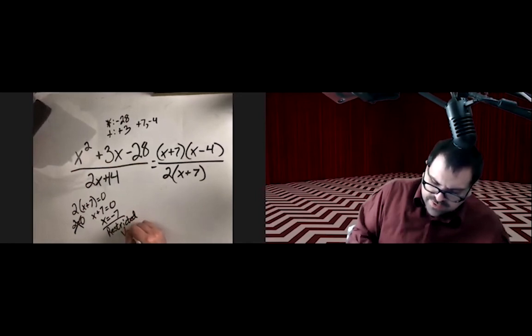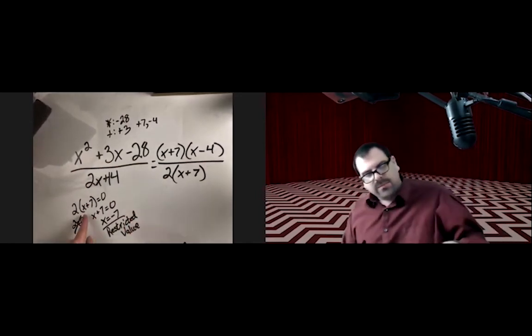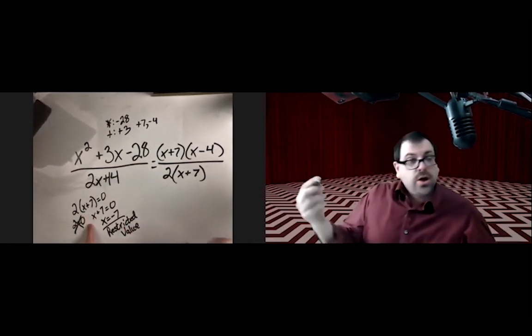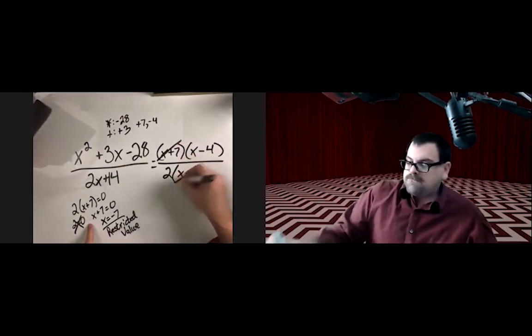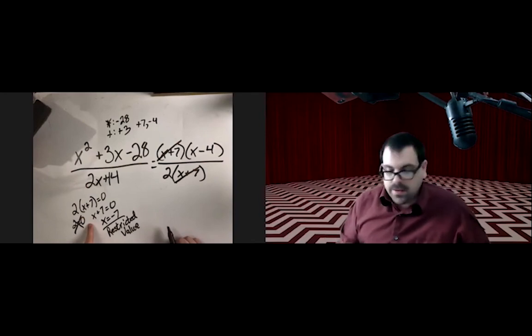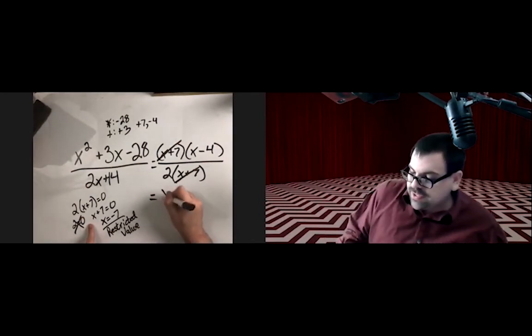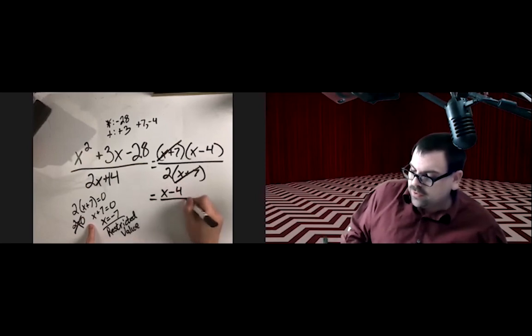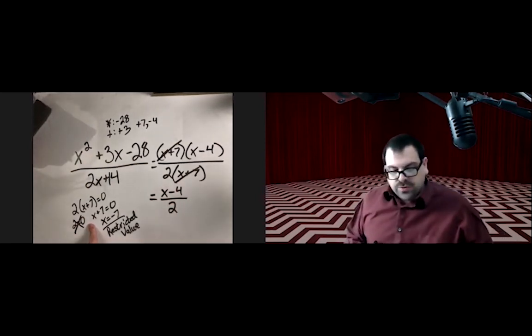It's going to be important that I found that, because it's coming from the x plus 7 factor, which is gone. So this completely reduces to x minus 4 over 2.